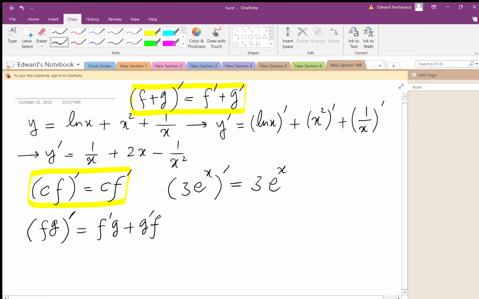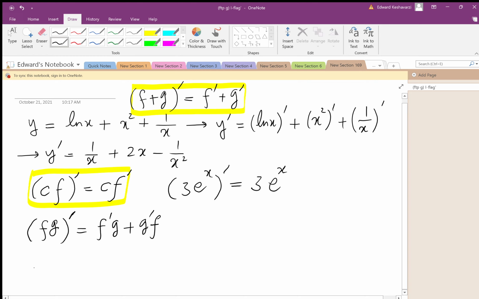So you differentiate the first function, and which one is the first function is completely up to you, and then you multiply it by the second function itself, plus you differentiate the second function times the first function itself.